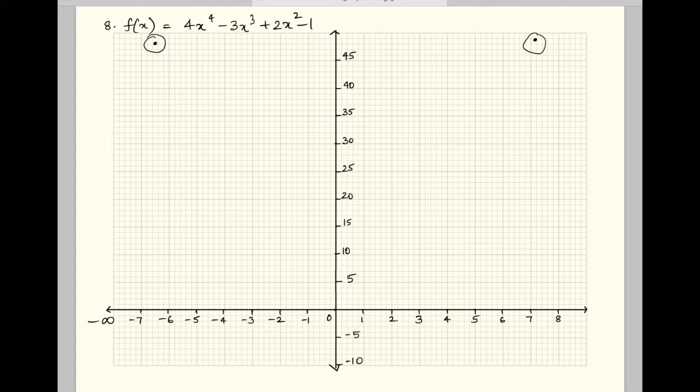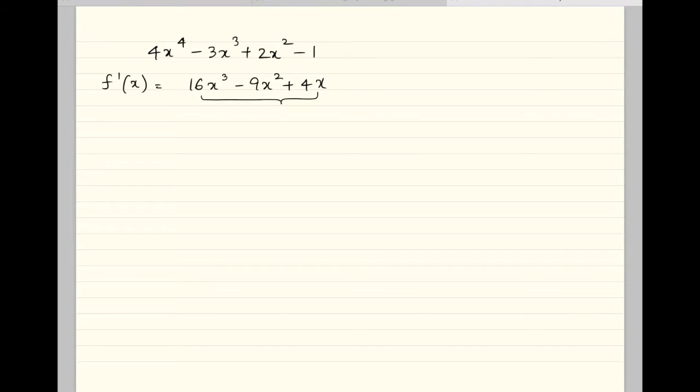For that you need to differentiate the function. So you have 4x power 4 minus 3x cube plus 2x square minus 1. Now differentiate it. f dash of x equal to 16x cube minus 9x square plus 4x. Good thing about this is you got a cubic equation, but it can be easily factorized because there is no constant term here.